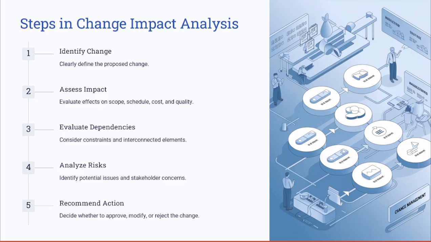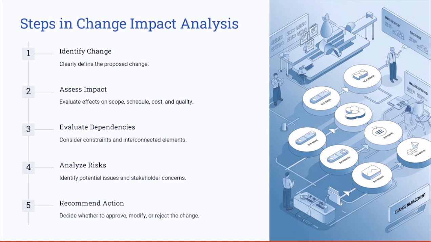To conduct an impact analysis, you can follow these steps to ensure that you have a correct impact analysis. First, you need to identify the proposed change. After that, you need to assess its impact on scope, schedule, cost, and quality.